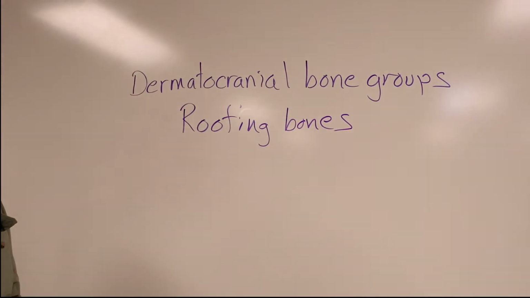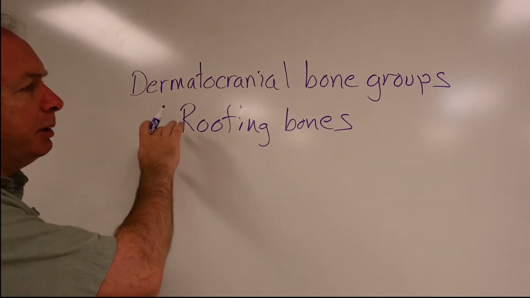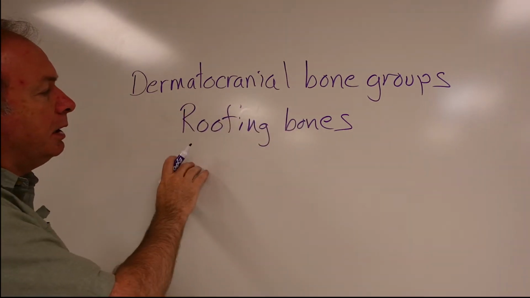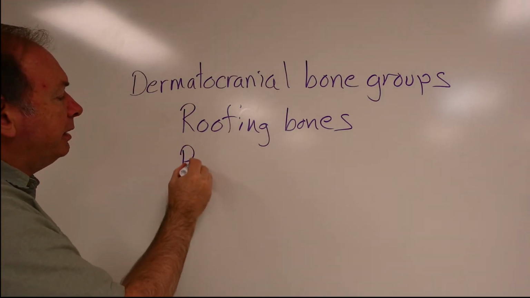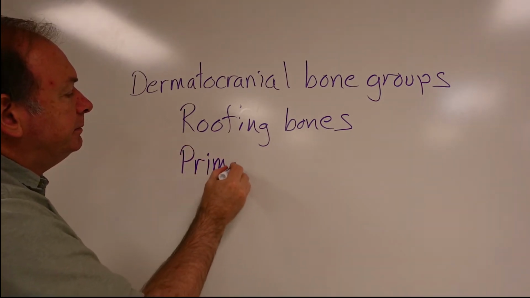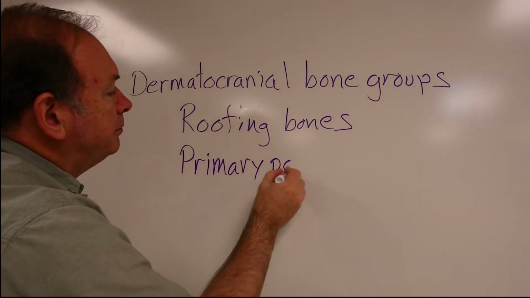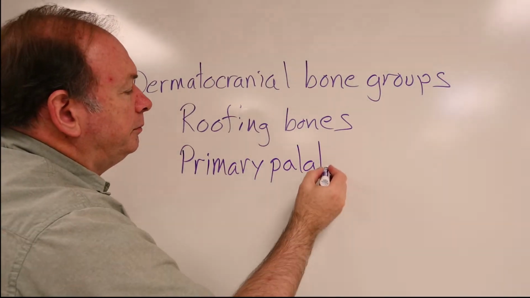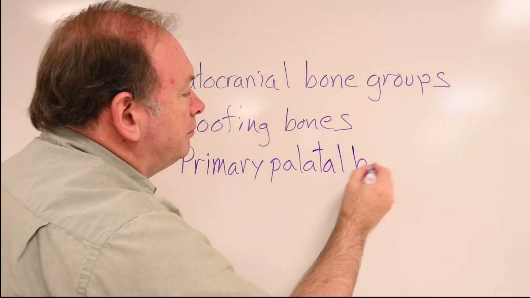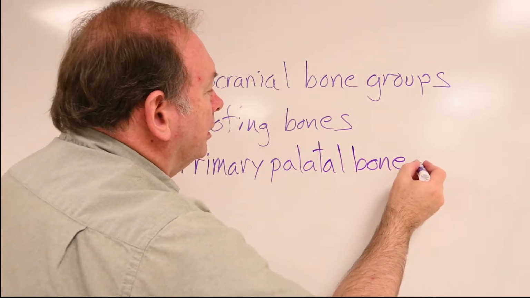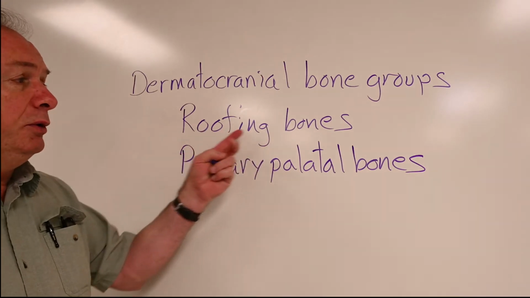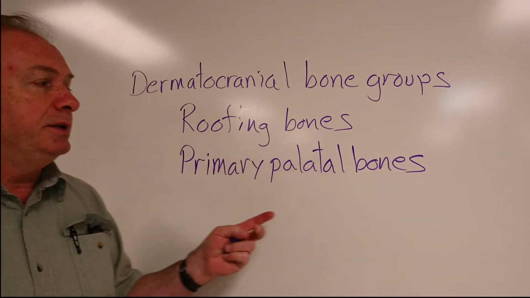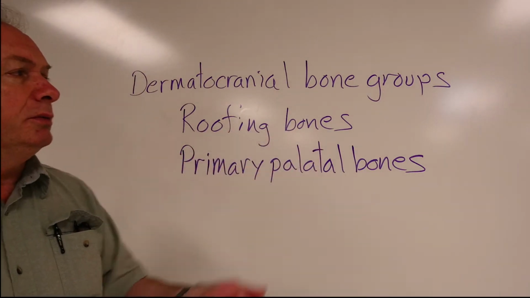Sometimes you just call them dermal bone groups in the skull. So next in here is what we call the primary palatal series. We use the term series sometimes, a roofing series, primary palatal series, or groups.